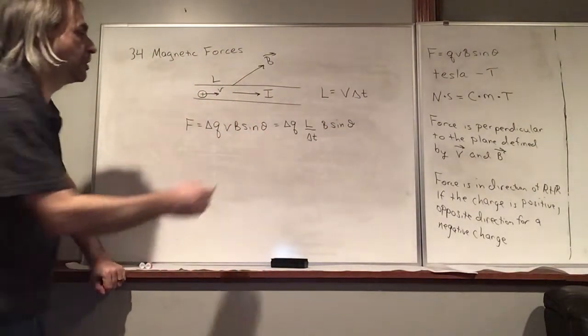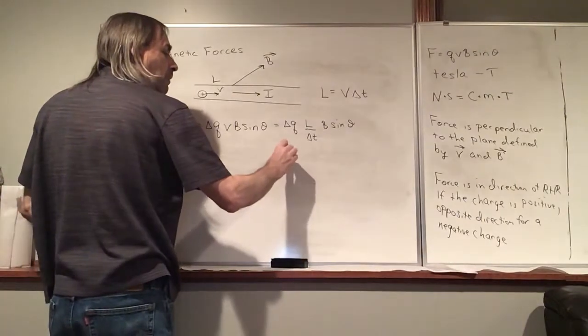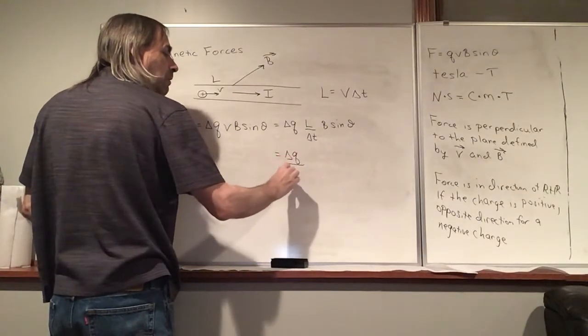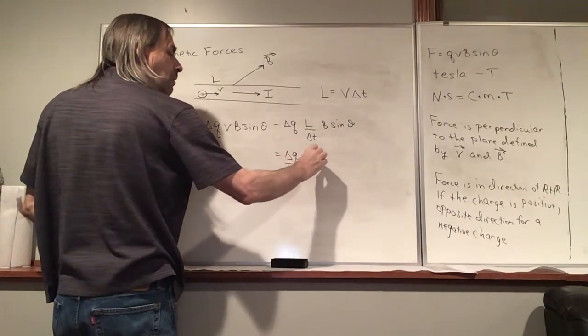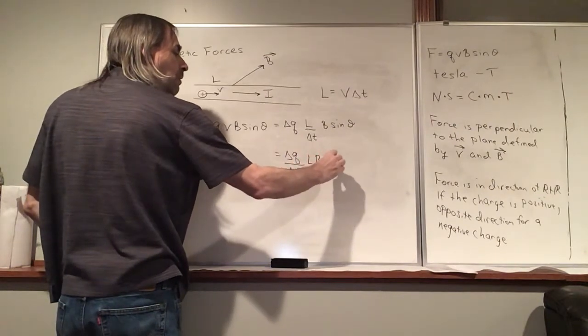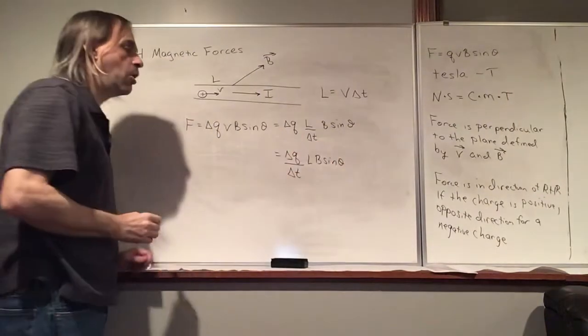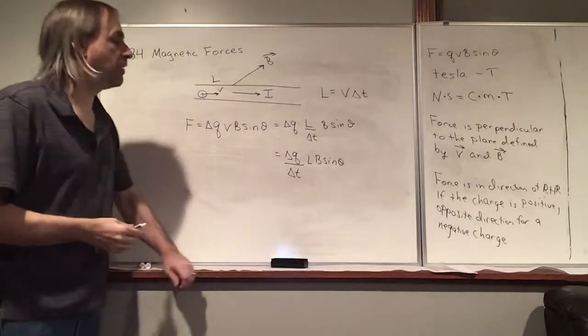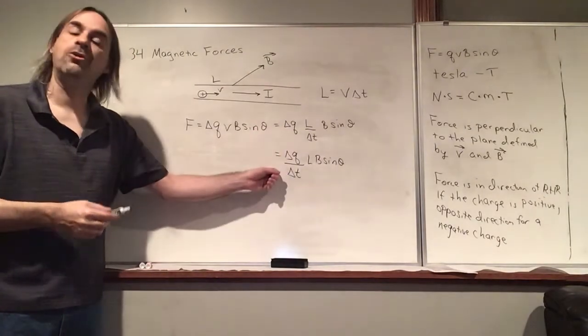And now what I want to do is just rewrite that a little bit. Let's just move the delta t over. Remember, our definition of current is delta q over delta t.